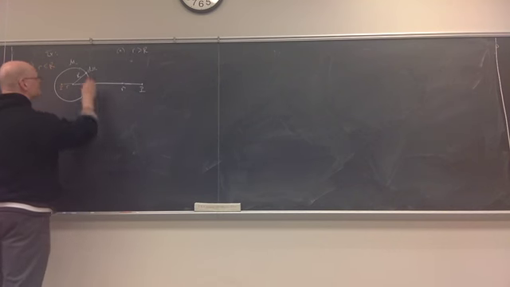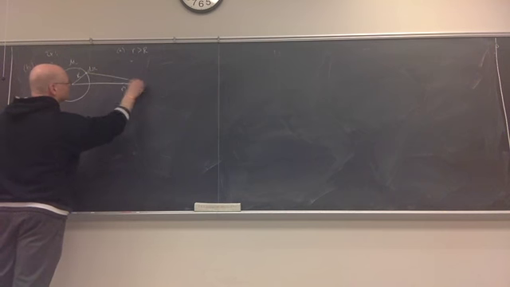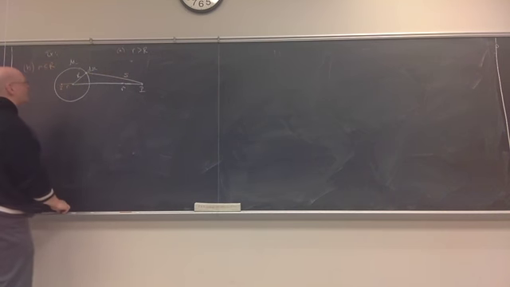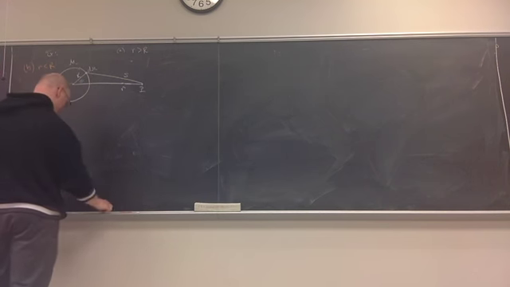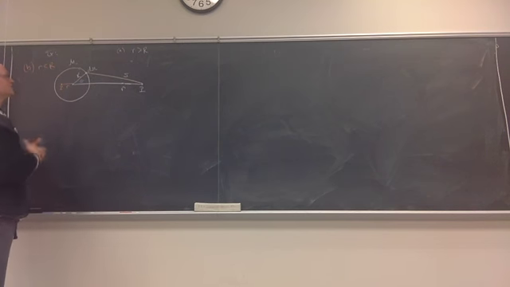So this distance, from here to here, is going to be my s. Again, I'm going to define this angle as theta. That's my little r and my capital R. So good.